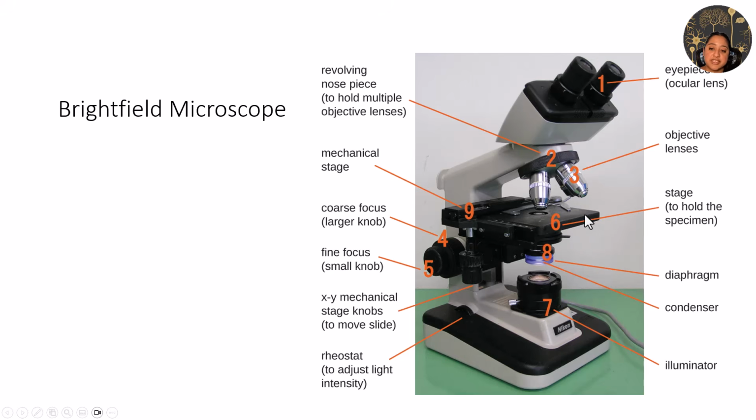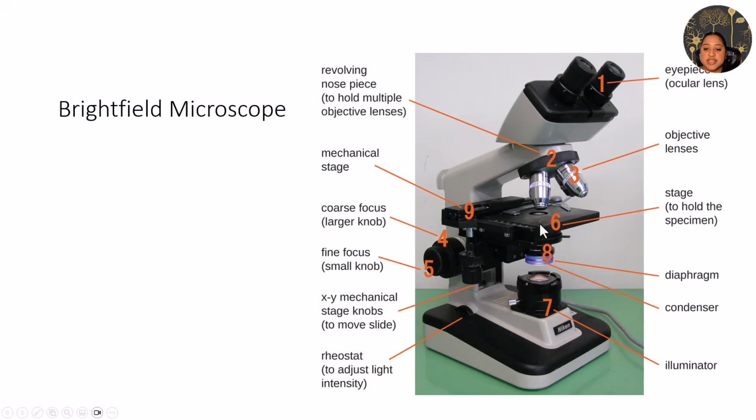Then you can move the stage around with these knobs. These are XY knobs or mechanical stage knobs, and they move the whole stage and thus move your sample and your slide left to right and then front and back.